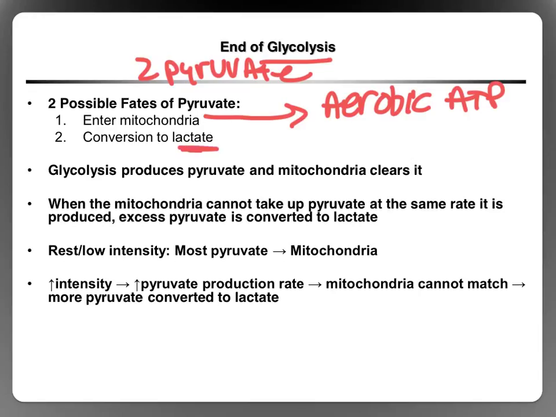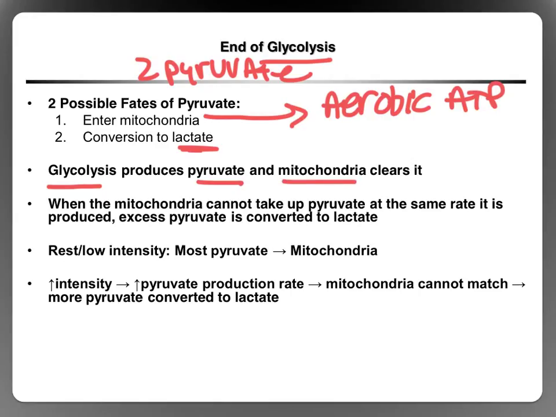Okay, so one of two ways. The way that you need to think of this is that glycolysis produces pyruvate, and the mitochondria clears it.